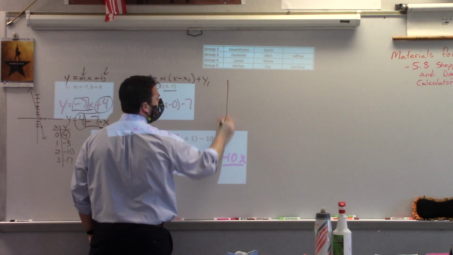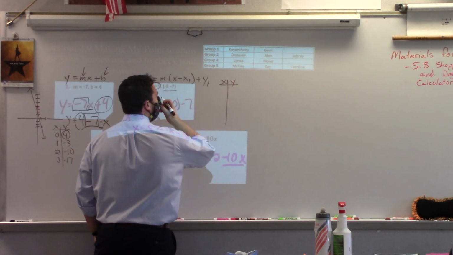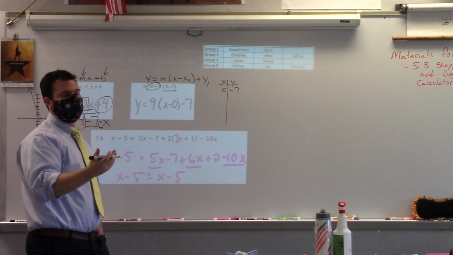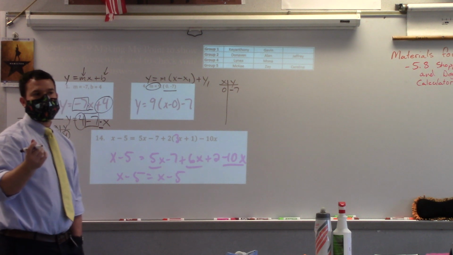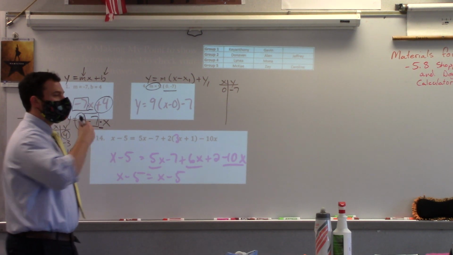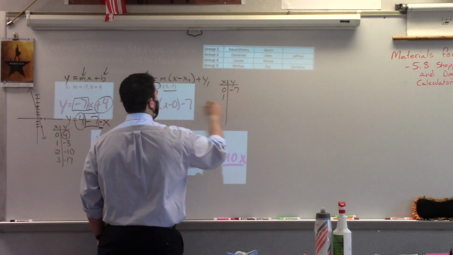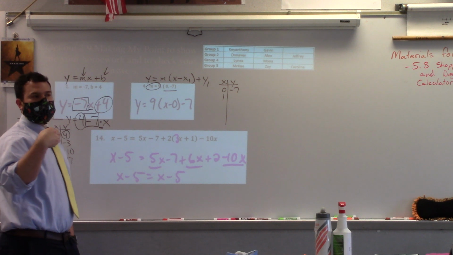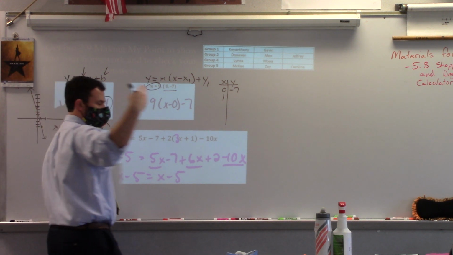If we're to look at this table, first off, I do want you to note the point 0, -7. That's not just a point, that's also the y-intercept. You could have used slope-intercept here. They were asking you to use point slope. And then I have a slope of 9, meaning I repeatedly add by 9.